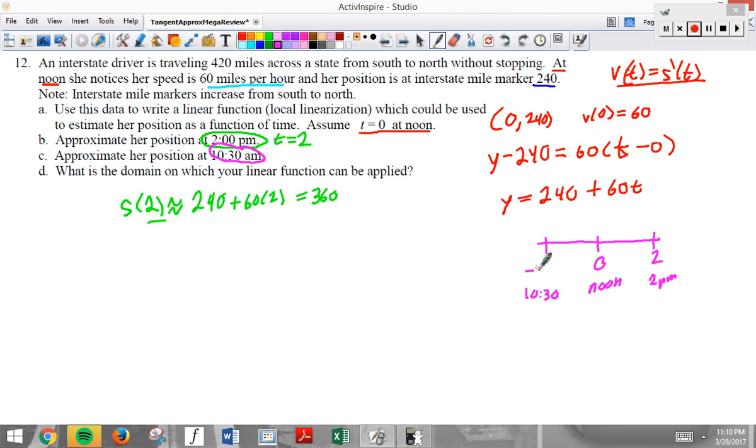Oh, it's negative 1.5. I can't tell you how many people completely lost their minds. S of negative 1.5 would approximately be 240 plus 60 times negative 1.5, which is 150.